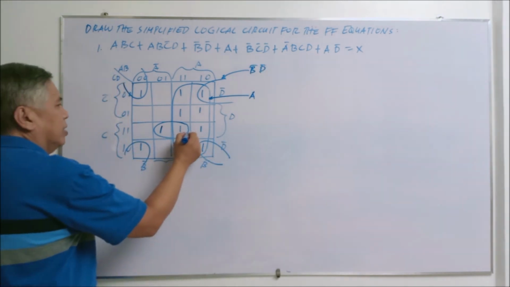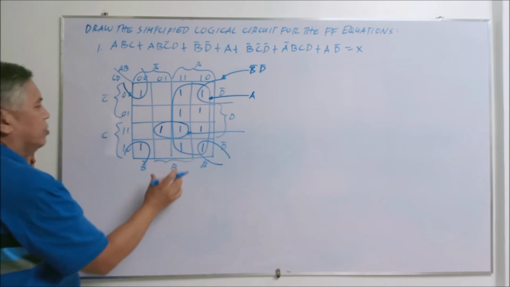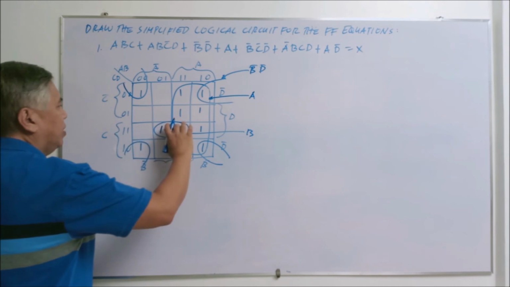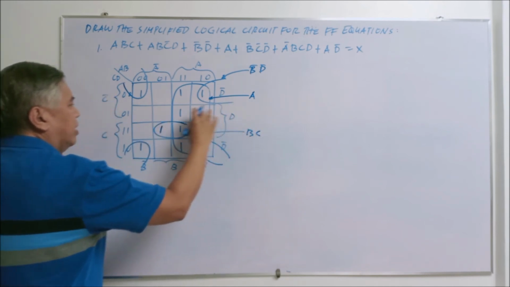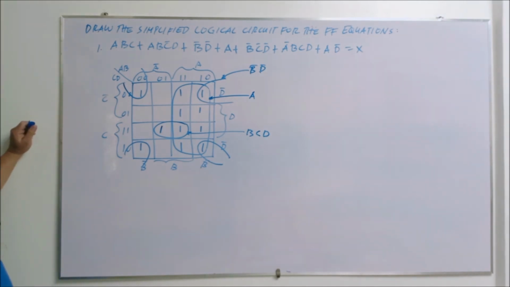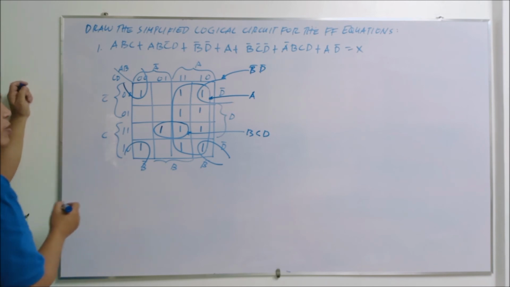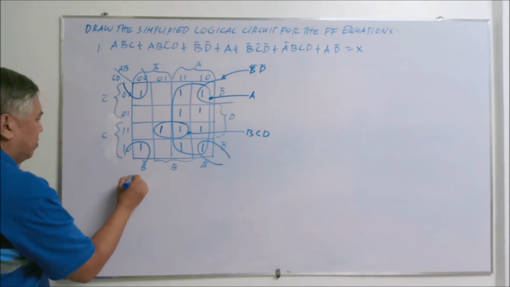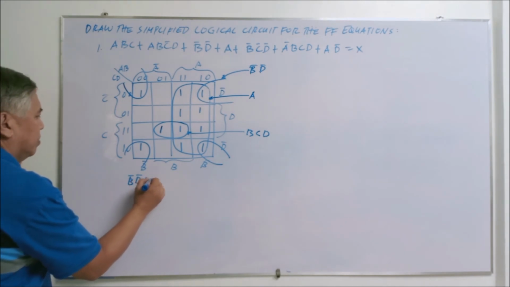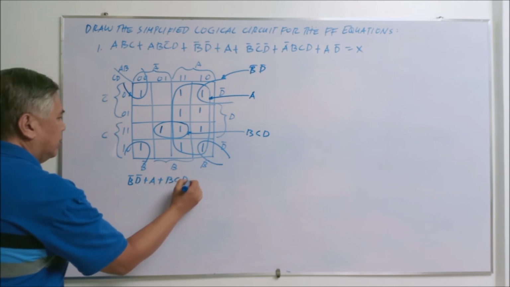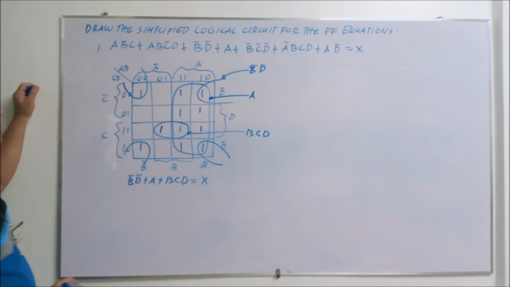And this group here belongs to B, and at the same time belongs to C and D. So that will be our equation. We just use the sum of products expression. What will be our final equation? So we have B bar D bar, plus A, plus B C D, is equal to X.